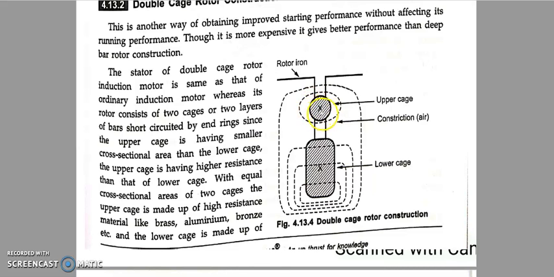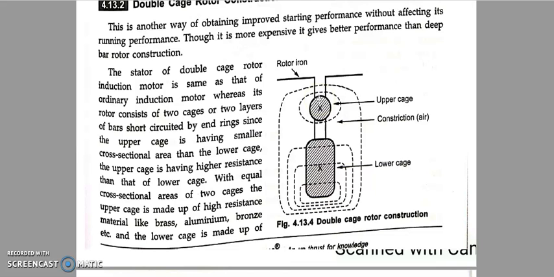One more thing you should notice is the upper cage is made up of high resistive material like aluminum, brass, bronze, whereas your lower cage is made of copper, a low resistive material. Like I said, your leakage impedance at the lower part is high, so current is pushed to the surface of the lower cage. Similarly, if I draw some more dotted circles here, the leakage flux will be more, meaning the impedance will be high, so current is pushed to the surface of the upper cage of the rotor.